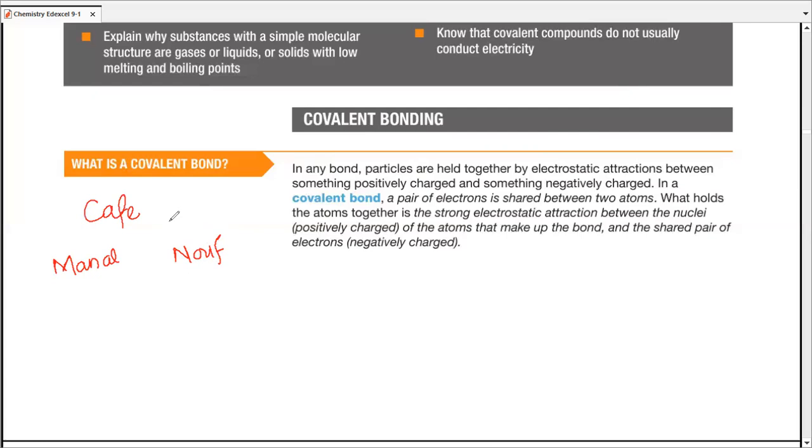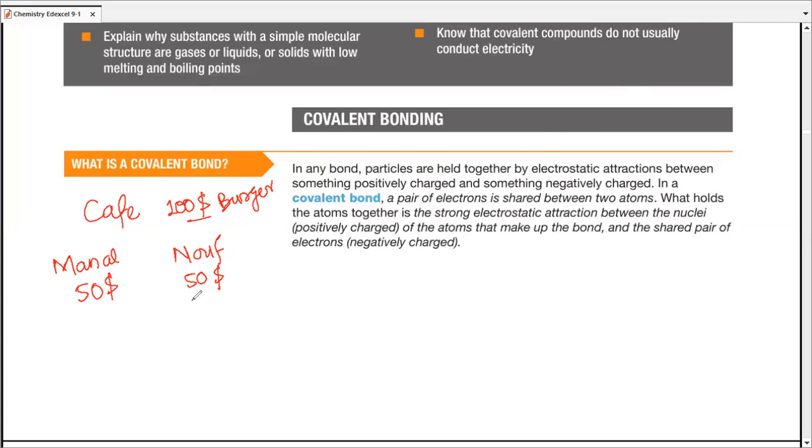Now, let's assume that you have a cafe and that cafe has a $100 heavy burger, and that burger is equally loved by Manal and Noor. Let's assume that the pocket money that Manal and Noor get is $50 each every day. Now, what are the options that Manal and Noor can opt for in order to get that burger from the cafe?